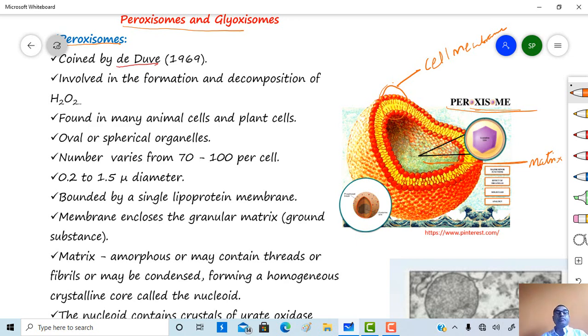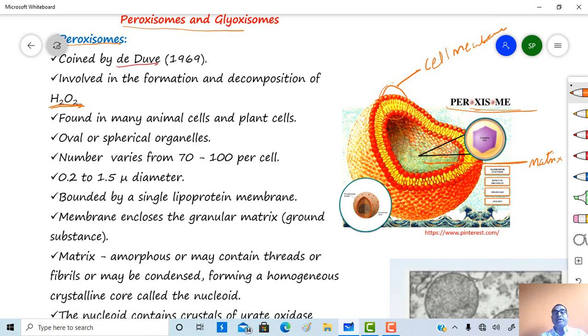The term peroxisome was first coined in 1969 by De Duve. This peroxisome is involved in the formation and decomposition of hydrogen peroxide. So in the metabolism of hydrogen peroxide, this peroxisome plays an important role.